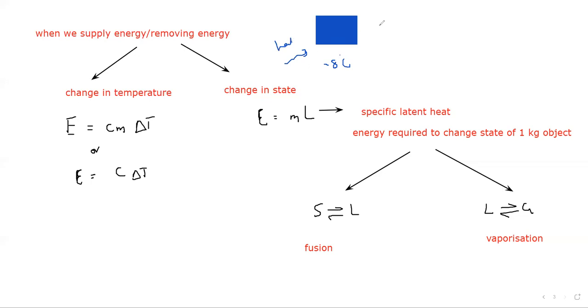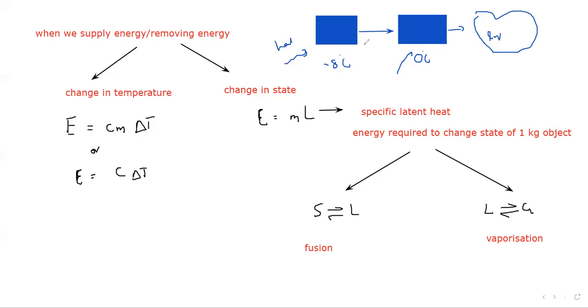First, there will be a change in temperature. So minus 8 will change into 0. That's a change in temperature. And then, further supplying heat energy will cause a change in state. This solid will convert into liquid.